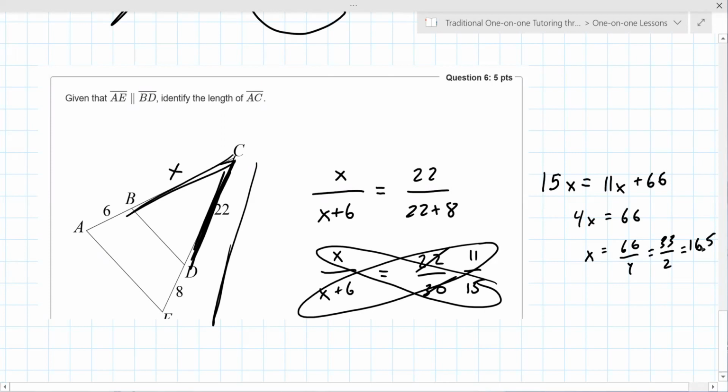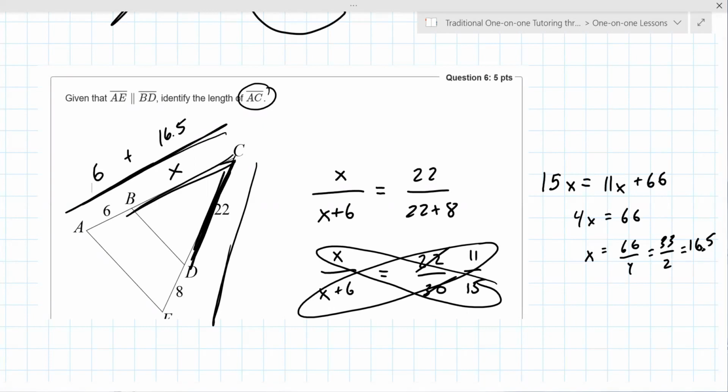I get 16.5 as my answer. Excellent, but that's not what we're looking for. We want AC. AC is the whole length here. I see. So that's 16.5 plus 22.5, and that's the correct answer.